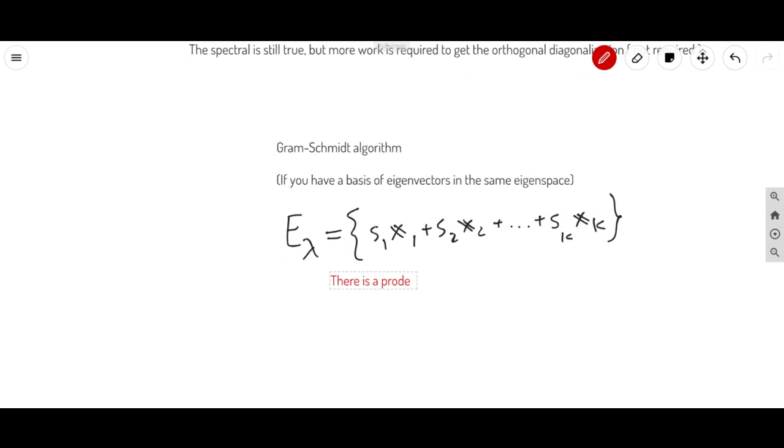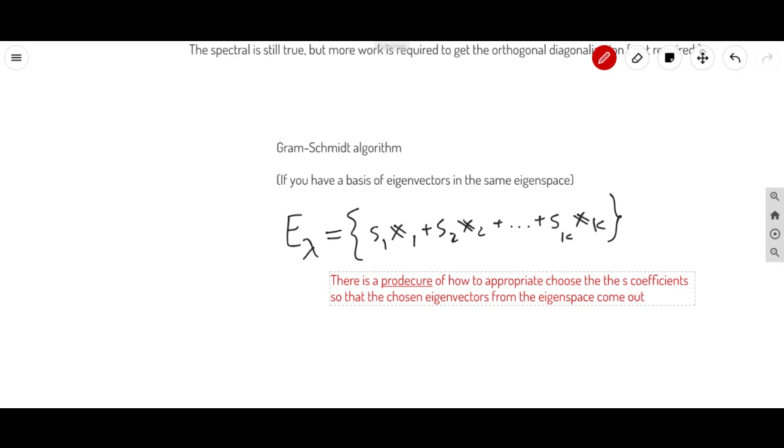There is a procedure for how to appropriately choose the S coefficients so that the chosen eigenvectors from the eigenspace come out orthogonal. If you're interested, you can look it up in the book. They talk about that.